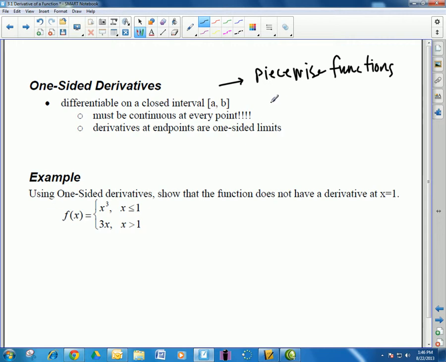Also, in order for these one-sided derivatives to exist, the derivative from the left has to equal the derivative from the right.